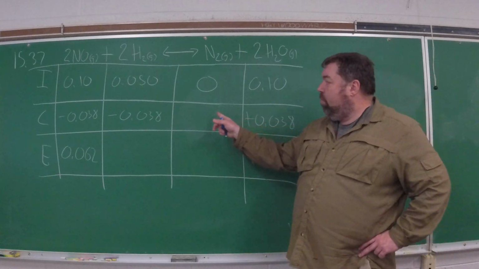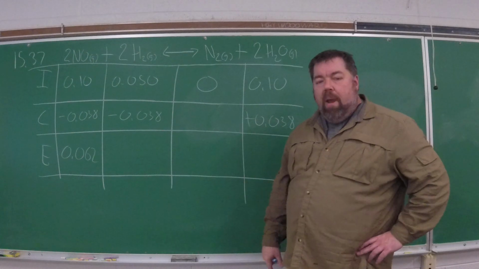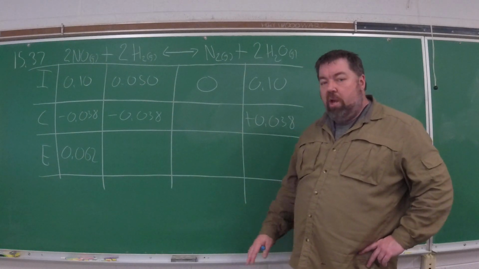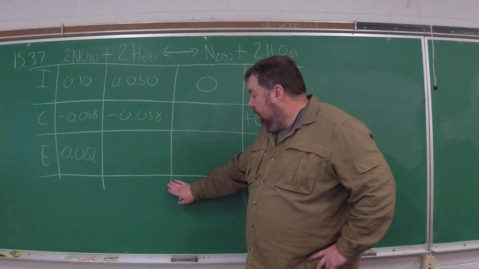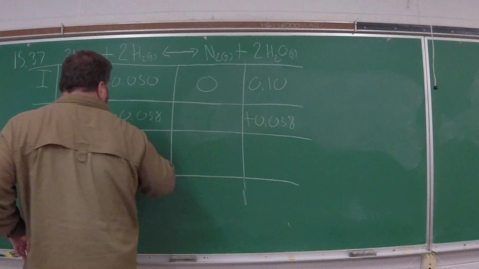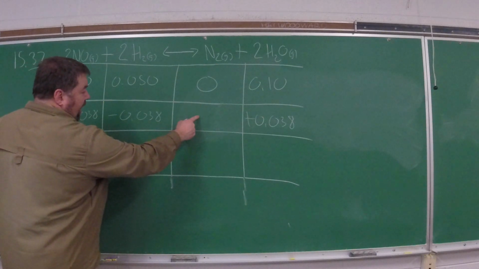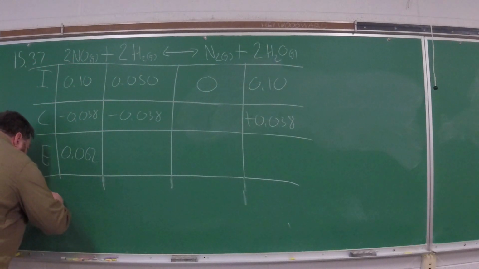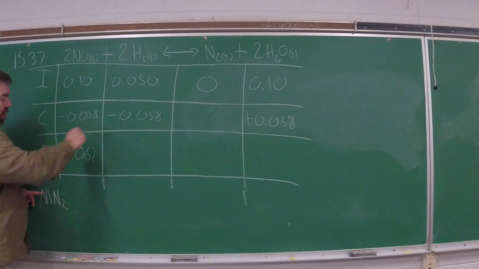Now let's look at this one here, N2. This is just a little bit trickier. What I'm going to do is I'm actually going to use a stoichiometric equation to figure this part out. So I want to know the change in this, okay? So I want to know the molarity of N2, the change. So what am I going to do?